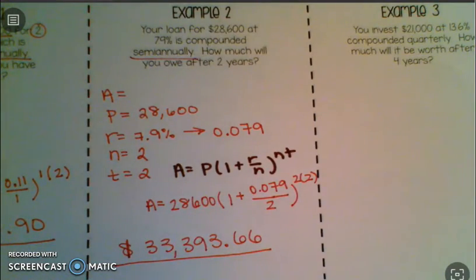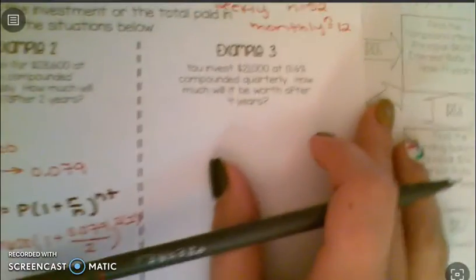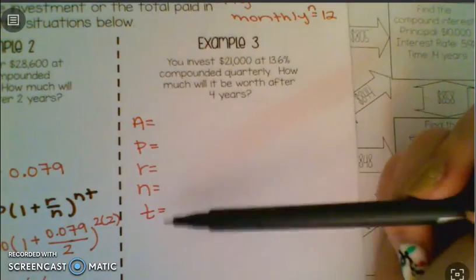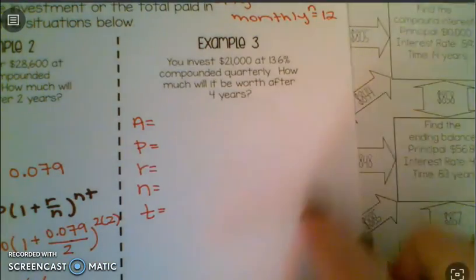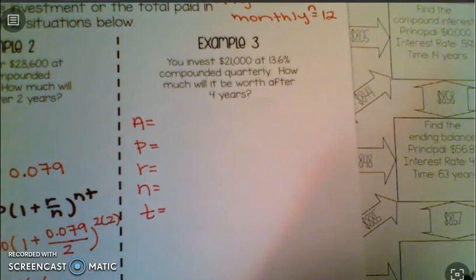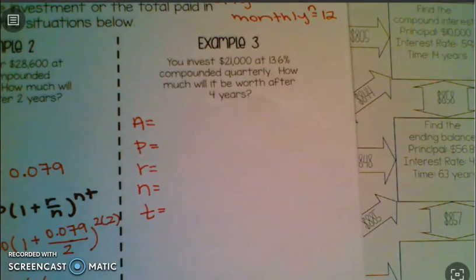Okay, we're going to move on to example 3, but example 3 I want you to do on your own. So let's set it up, and then once you are completely done with it, meaning you've labeled this, you have created your equation, and you've plugged into your calculator. Once you've done all of that, unpause the video so you can check your answer with mine.